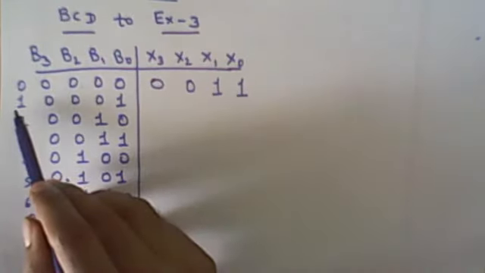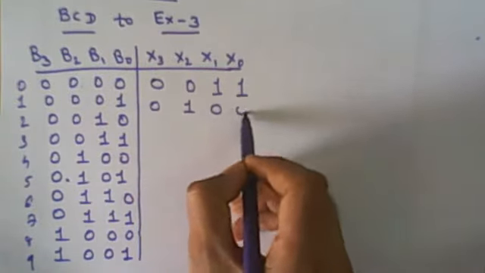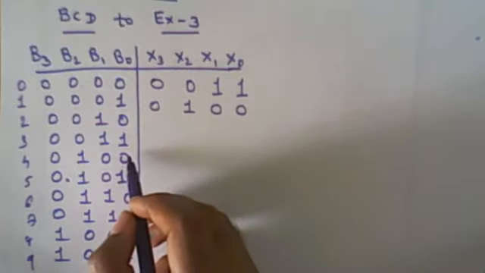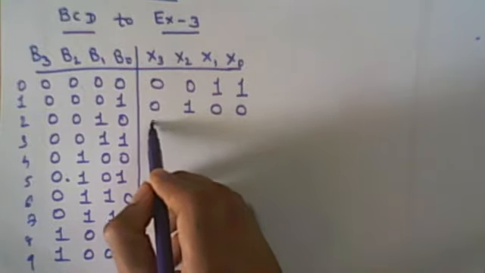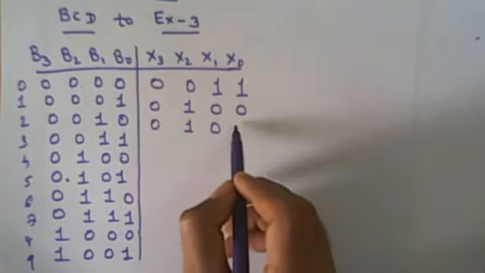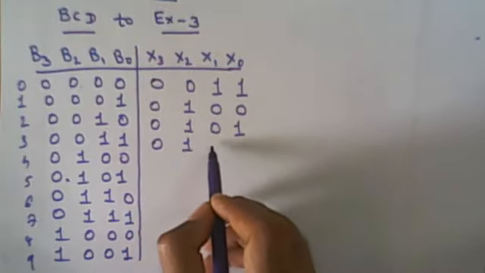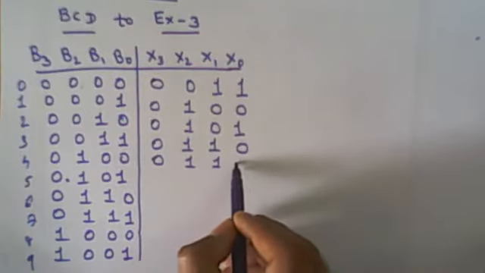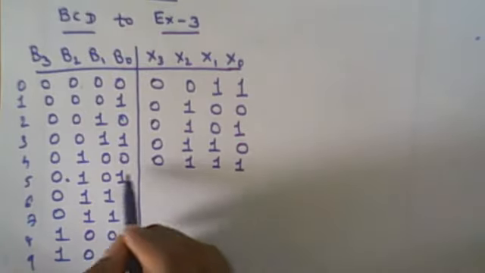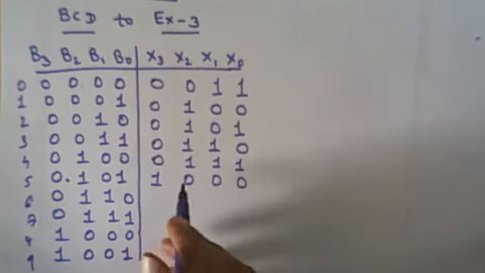For BCD 1, 1 plus 3 is 4, so the binary code of 4 is the Excess-3 code for 1. Similarly, 2 plus 3 is 5, which is coded in binary as 0101. 3 plus 3 is 6, coded as 0110. For 4, it is 0111. For 5, 5 plus 3 is 8, which in binary is 1000.